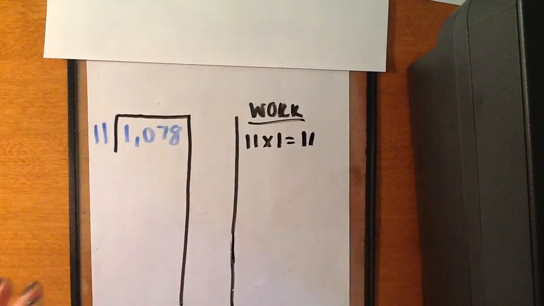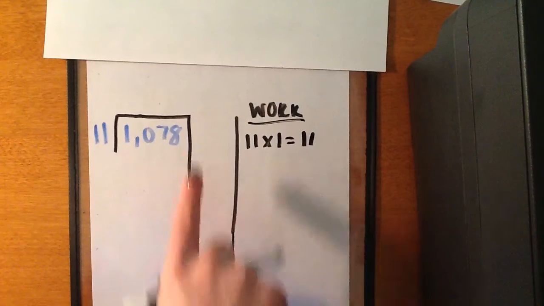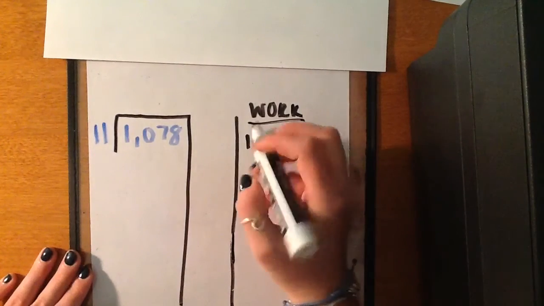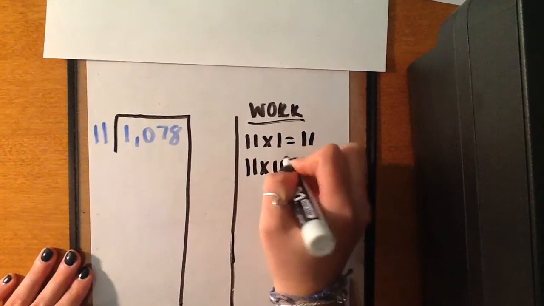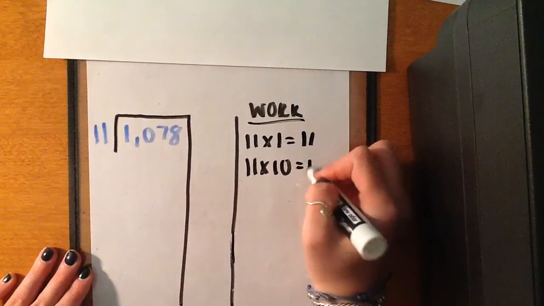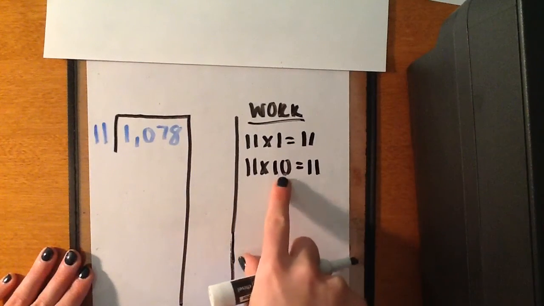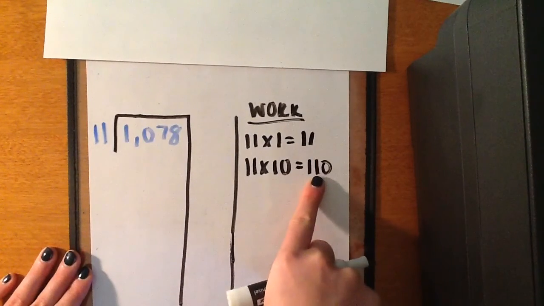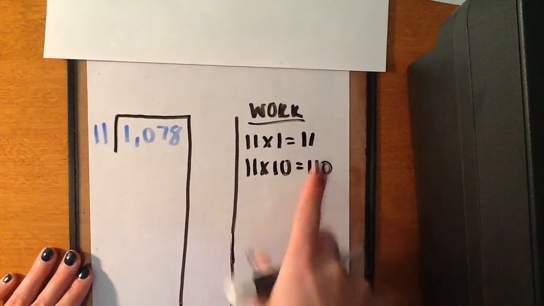But I don't want to do 11 times 1 every time down here. That's going to take me so long. So what if I go and do 11 times 10? Well, I know 11 times 1 is 11, but this is multiplied by 10, so I have a 0. So it's 110.